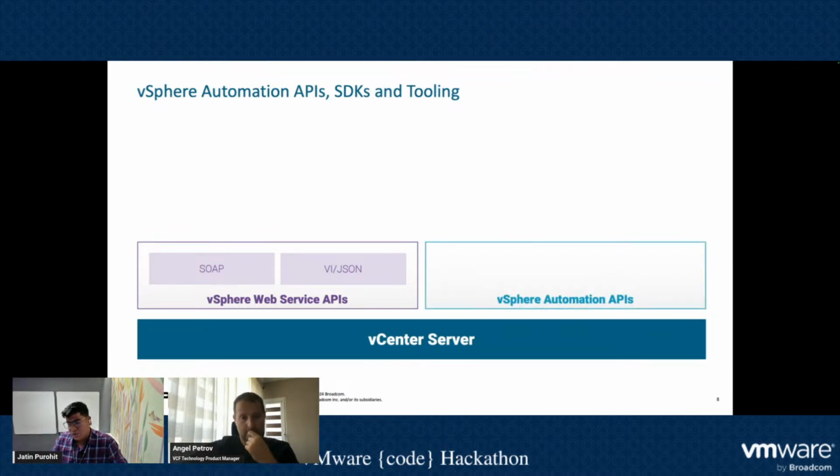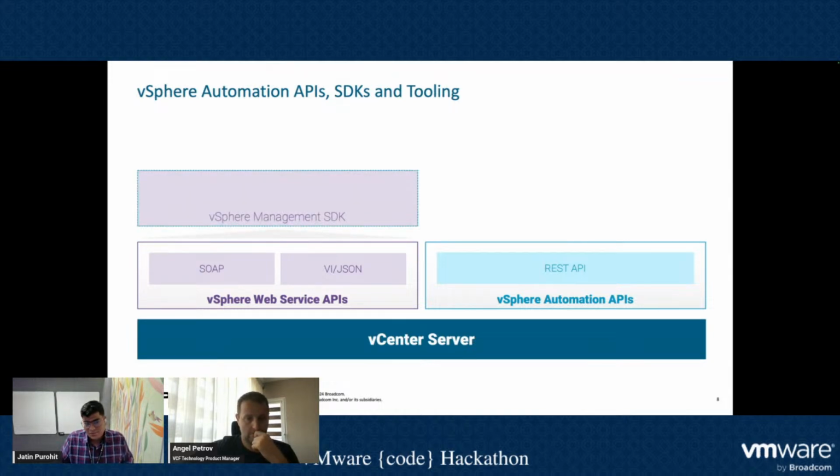Then we have the new APIs, which are vSphere Automation API. These APIs are written in REST, and all the new features that you see, for example, Lifecycle Manager, Configuration Manager, all of these new features are incorporated into vSphere Automation API. For vSphere Web Service API, we have a management SDK, which we call vSphere Management SDK. It has Python and Java language bindings.